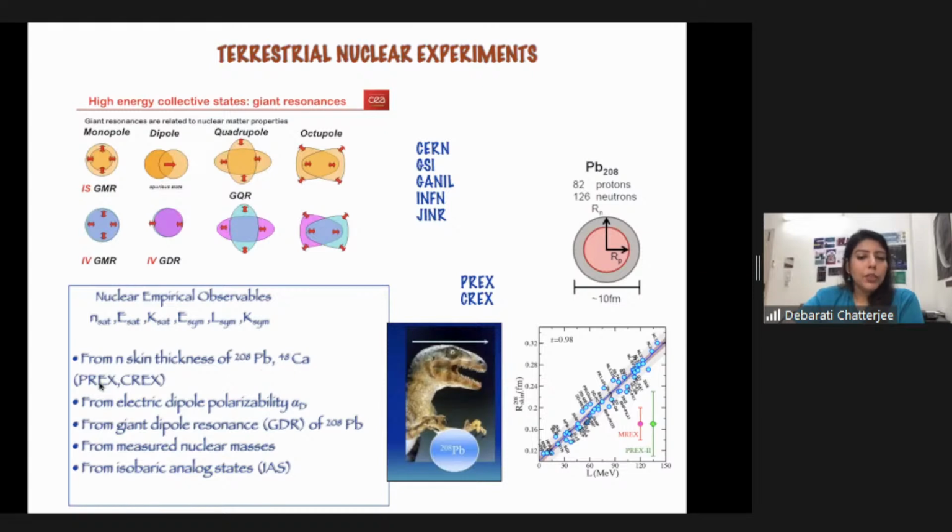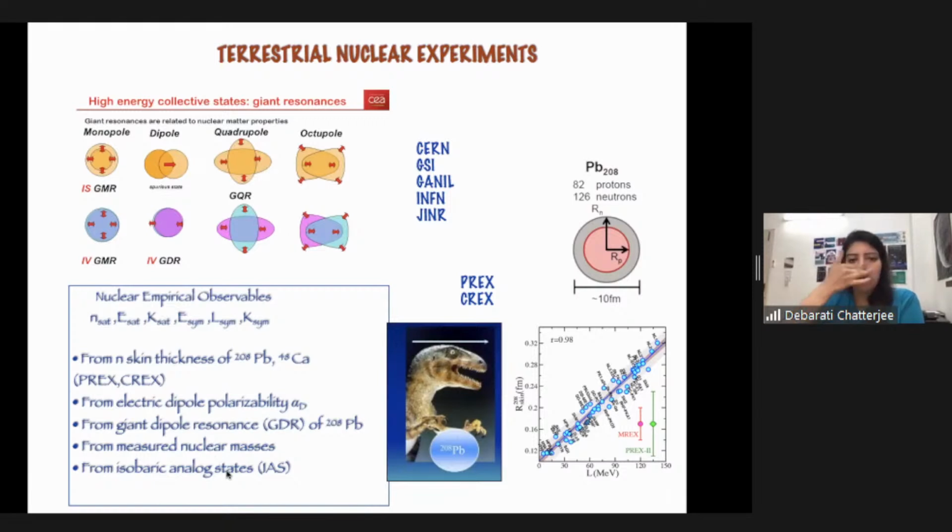Some of these experiments are called PREX and CREX. And they are giving a lot of interesting data about the symmetry energy and its derivatives. There are other experiments like, for example, giant resonances of nuclei, monopole and dipole resonances. These also give us an idea about these empirical observables. There are also measures like electric dipole polarizability, nuclear masses, and so on.